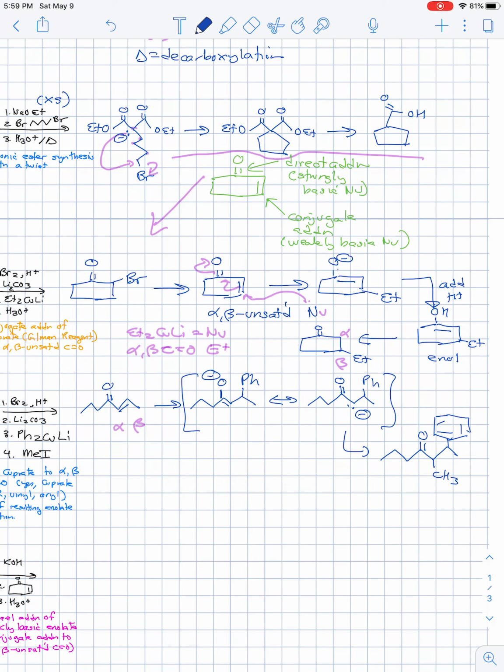There's our CH3. And now we don't need any protonating agent because we don't need to add any hydrogens. The electrophile that we used here was the methyl iodide, and so that just gets there. And so what we've done here is we've alkylated the alpha position and the beta position.